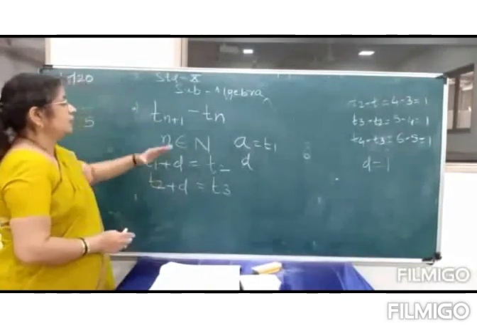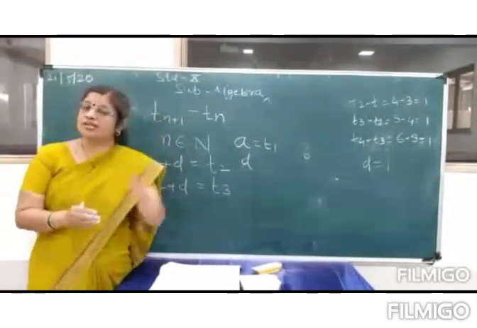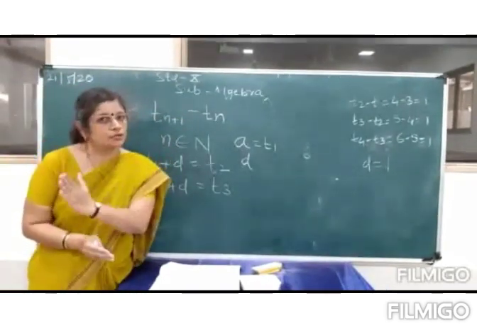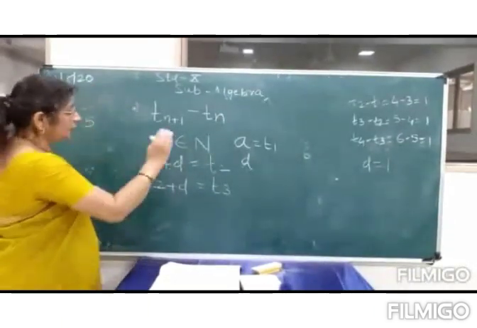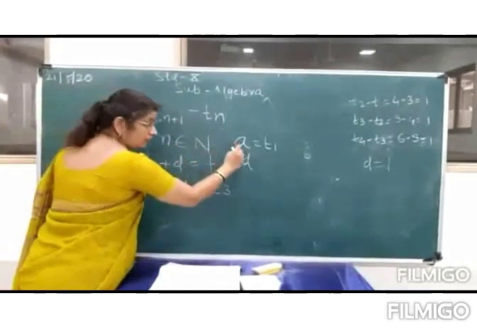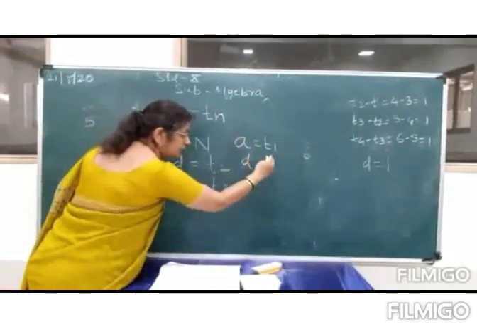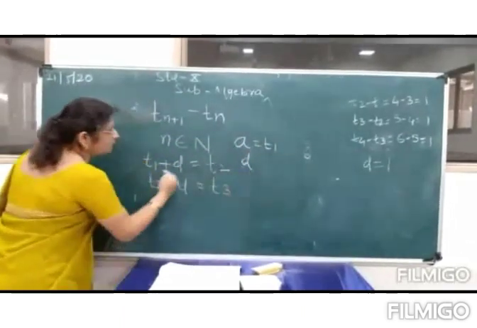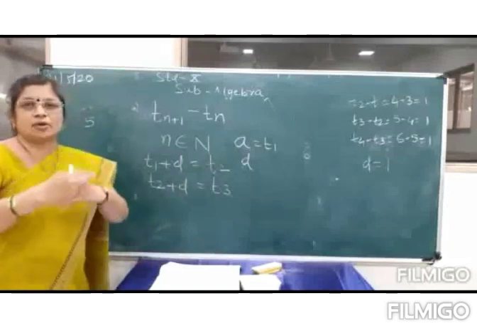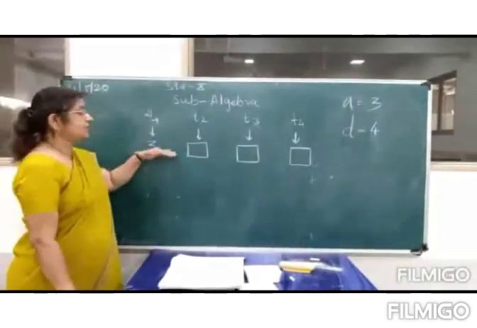Again I repeat. First, what I have taught, 3 examples: the common difference, how to find it out, that we have seen. And here, if you know the first term of the sequence, that is denoted as A or T1, and if you know the common difference D, then you can find out the next consecutive terms.